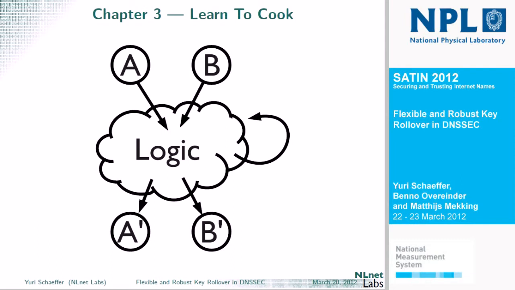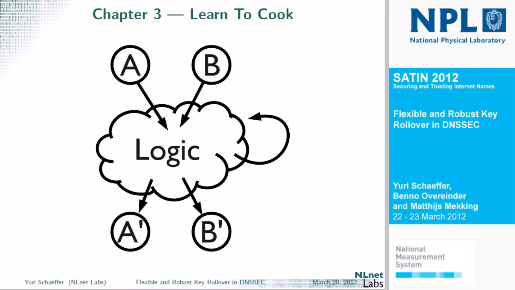And that means for my program, I have to formalize the ingredients, and I have to introduce some intelligence about DNSSEC. So, for example, in this very high-level overview, I have some key A and B in some state, and I have some target state for A and B below, and I want those keys to get there.